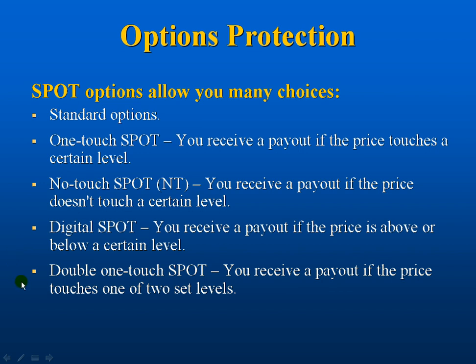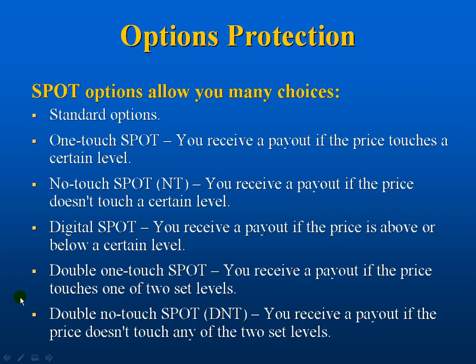Double one-touch spot where you will receive a payout if the price touches one of two set levels before an expiry date. And finally, there's double no-touch spot options, or you may see them referred to as DNT options in your newsfeed, where you receive a payout if the price doesn't touch any of two set levels.